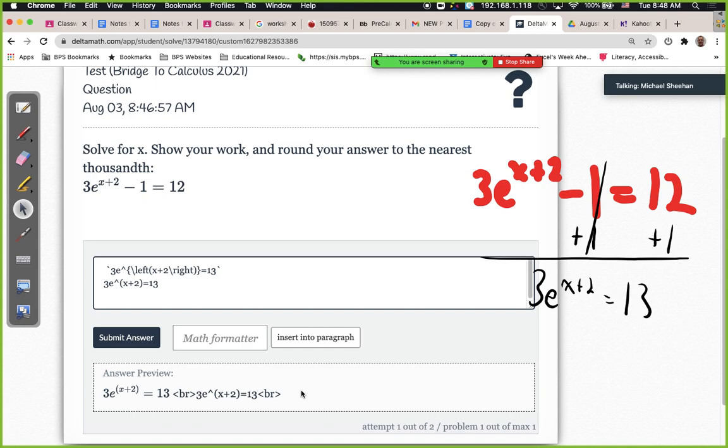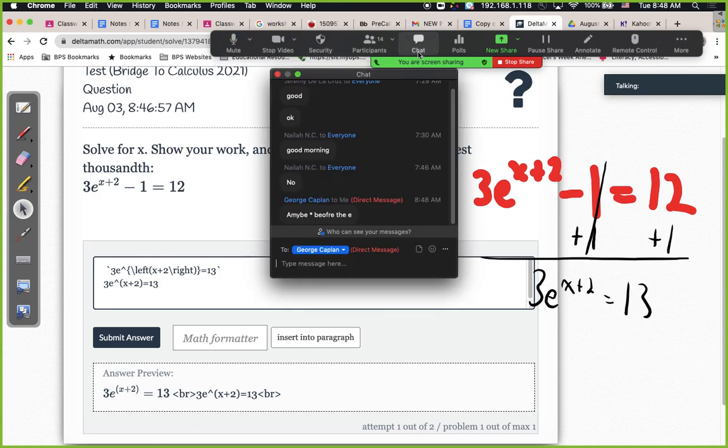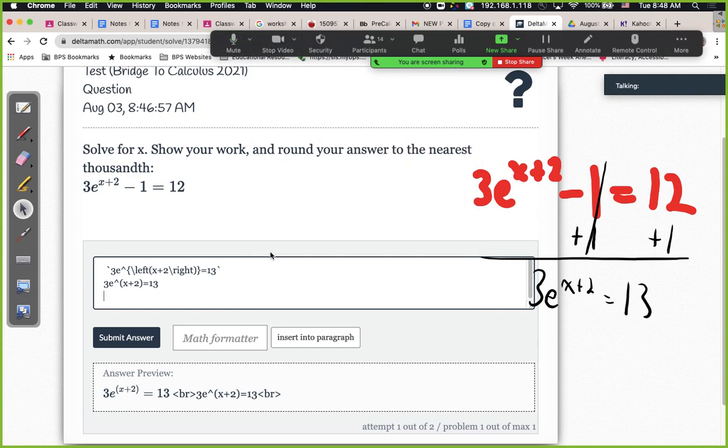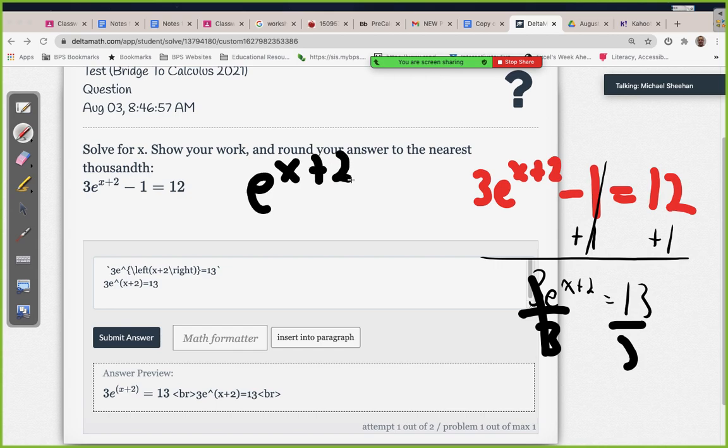I'm going to divide both sides by 3. And again, here's one of those things where you do not want to round off early.